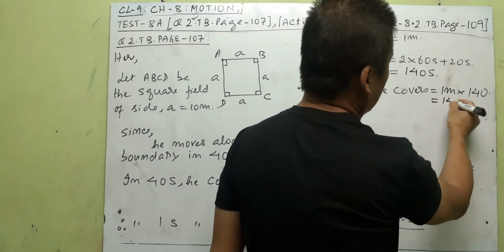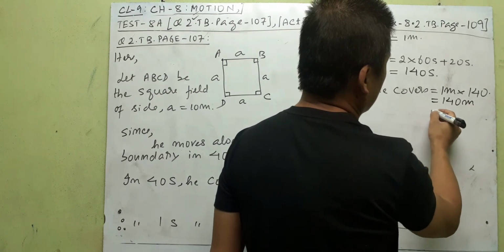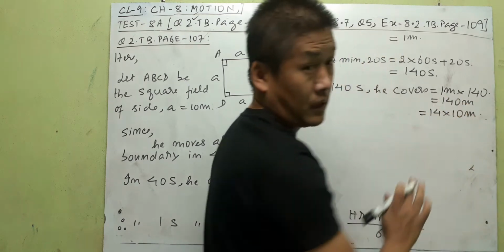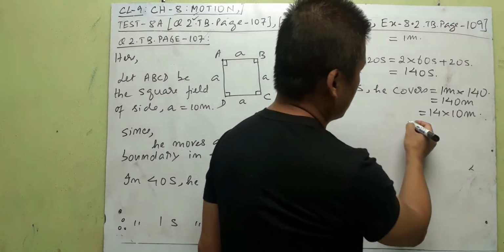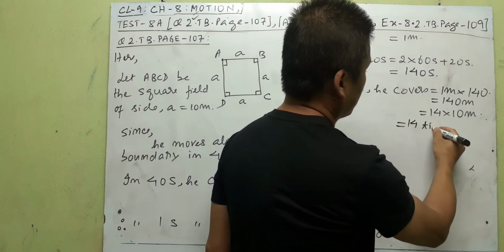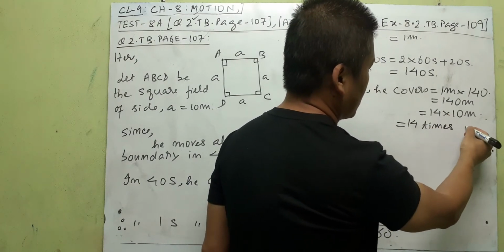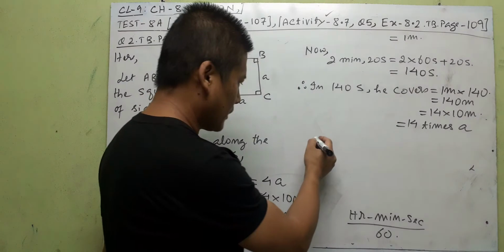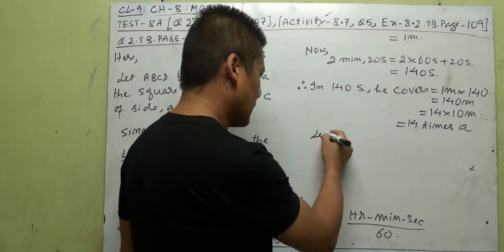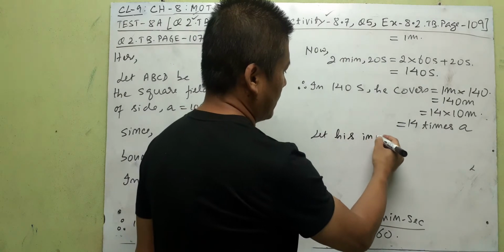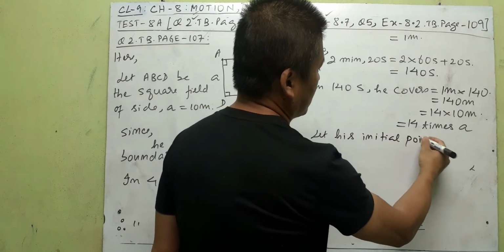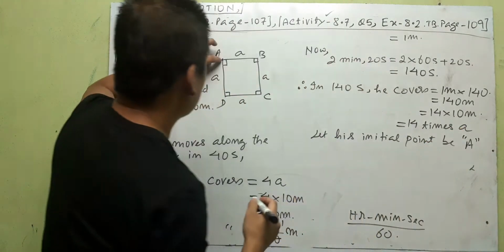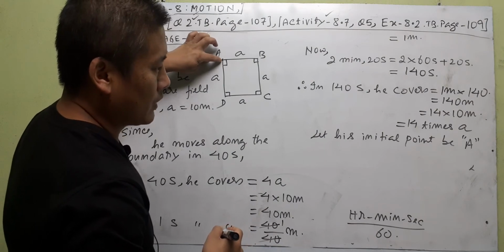So he covers 140 meter, which is the same as equal to 14 into 10 meter, because A value is 10. So let his initial point be A, this capital A. So let him start from here, starting point. Let his initial point be A.